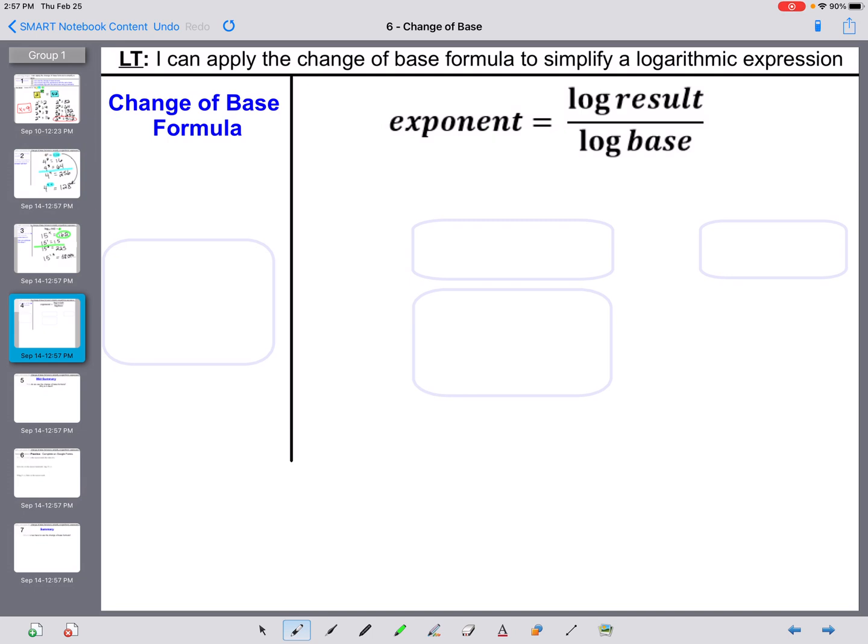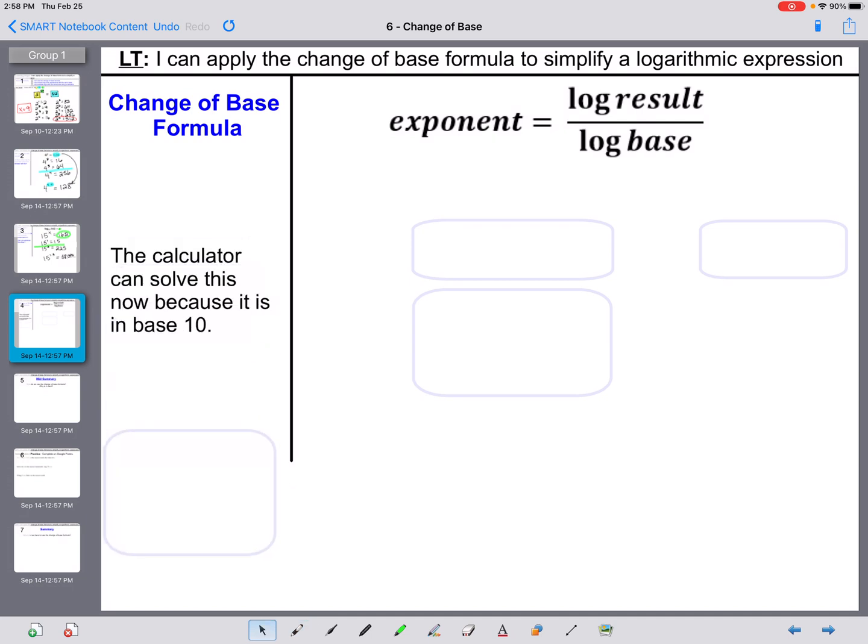So each of our calculators, whether you're using the Casio calculator, the TI calculator, one of the apps, or even on the browser, each of them are in a standard base of 10. So when our base is not 10, like in that last example it was 15, we have to turn the base into a number that our calculator can understand so we can press that log button in the calculator.